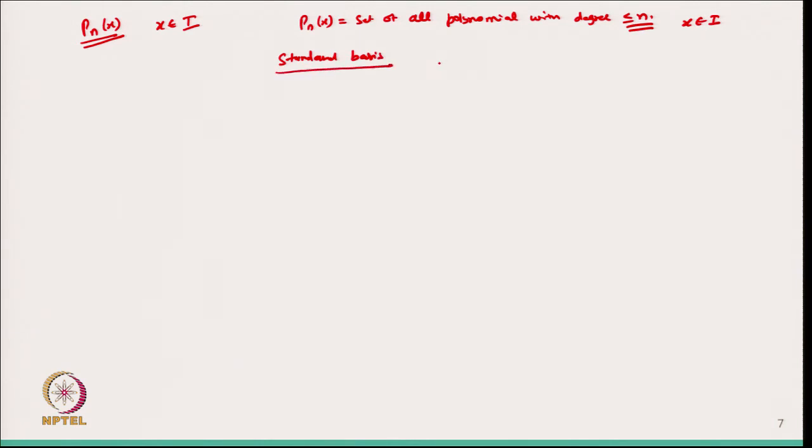now, if I take any element from here, so let me write a0 plus a1x plus a2x square up to anxn. So, this is the polynomial I have from here.